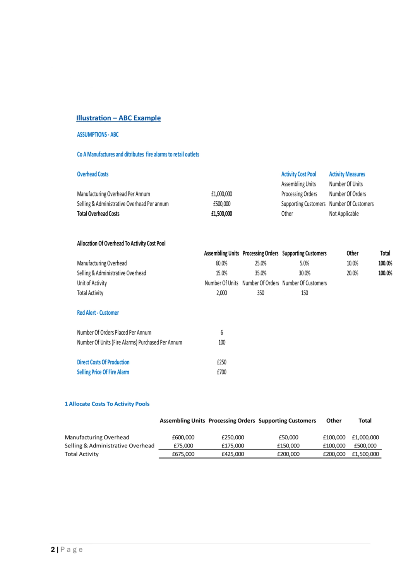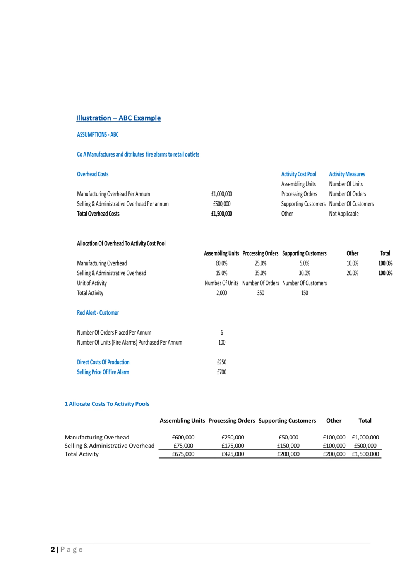COA manufactures and distributes fire alarms to retail outlets, and we're looking at how overhead costs are allocated using activity-based costing. The total overhead costs amount to £1.5 million annually, split between £1 million in manufacturing overhead and £500,000 in selling and administrative overhead. These overheads are allocated to 4 activity cost pools: assembling units, processing orders, supporting customers, and other activities.